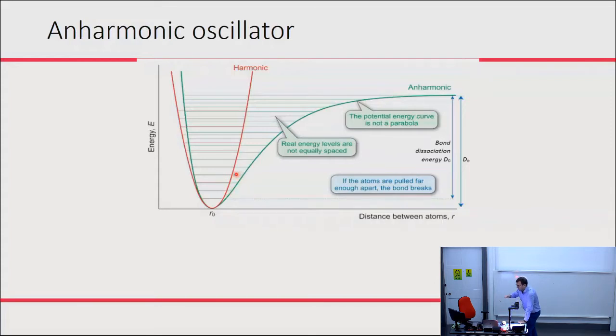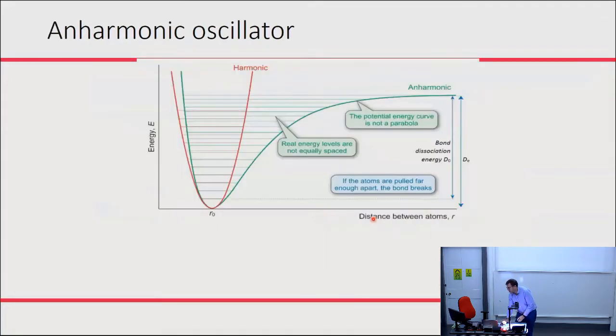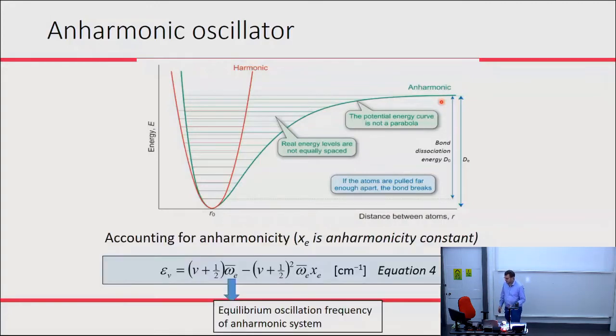They're reduced by what's called an anharmonicity constant, and we'll come across that in a moment. So real energy levels are not equally spaced. We can't just say that all the individual transitions are equally spaced, and we will reach a point where the molecule no longer exists. The bond will have vibrated so much that the two ends will disappear, and there won't be any attractive force to hold them back again. All right. So what does this mean then in terms of what we're talking about?